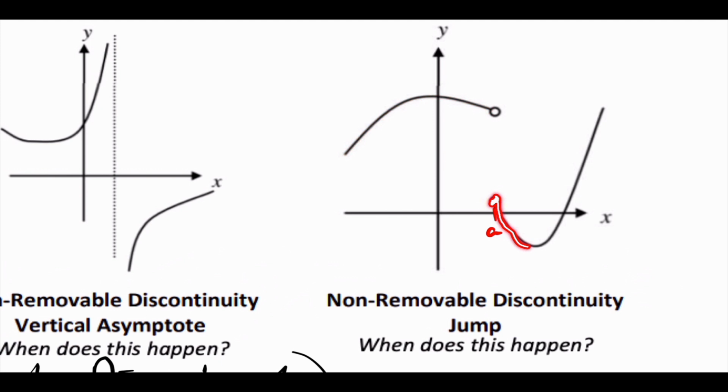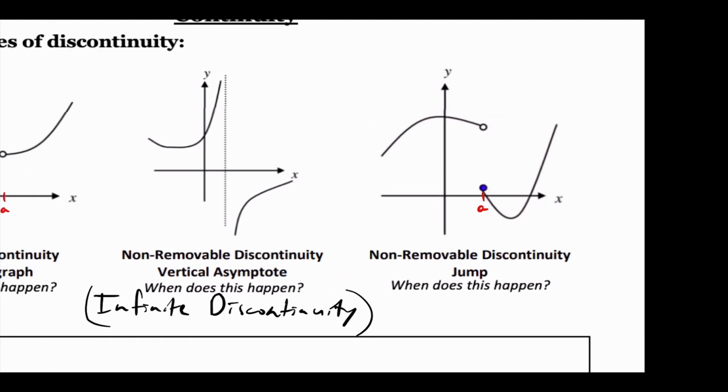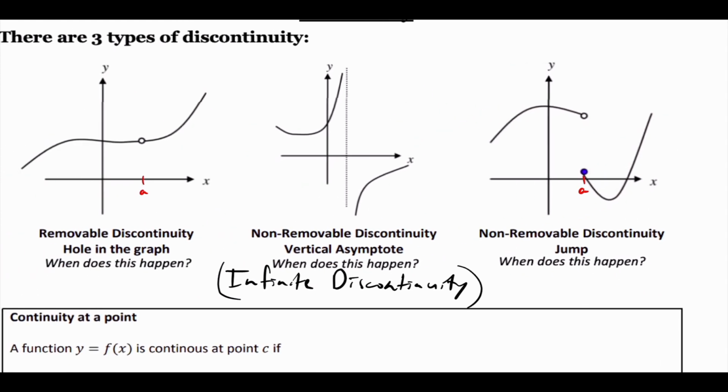It jumps. It kind of makes a jump. There's a gap in discontinuity there. That is called non-removable, but it's also called jump discontinuity. Okay. It's also no limit. The limit does not exist at A because they meet at different spots. Okay. All right. So those are the 3 types.